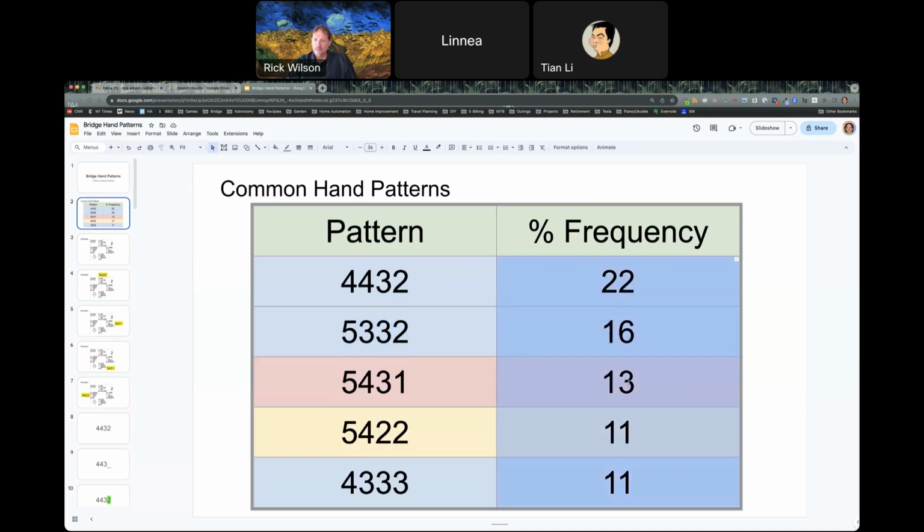I think it's about 70%. 62. 83. Okay. No, 73. So that's 3/4 of the hands fitting into these 3 patterns. I'm just saying it's worth committing the time to memorize these patterns so that you don't have to do that arithmetic. Okay?